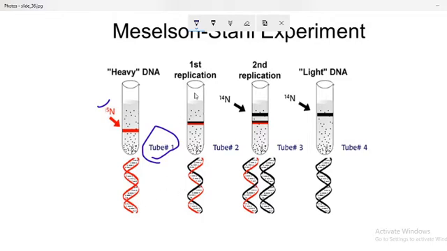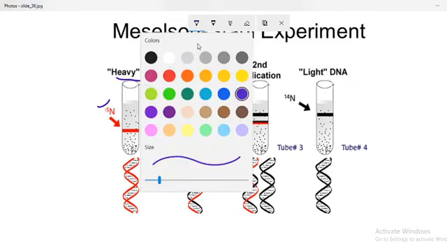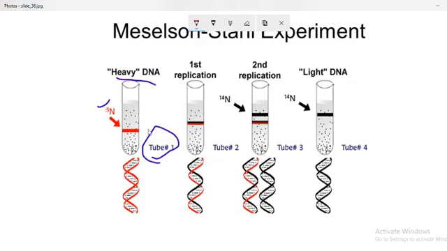This one is the heavy isotope. We cultured under heavy isotopes, and the first generation is going on. Then these cultured bacteria were subjected to N14 isotopes.